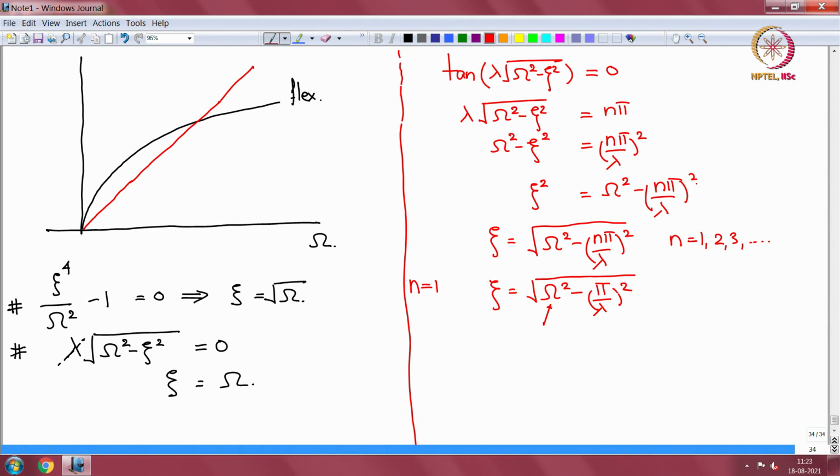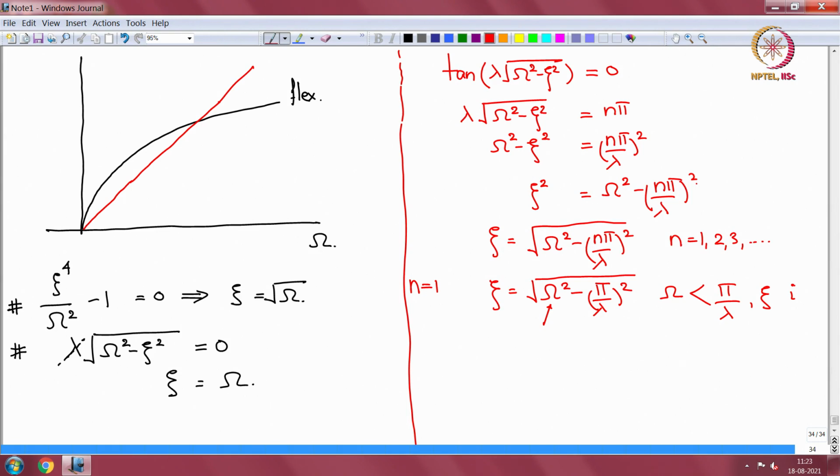Okay. So, if omega is less than pi by lambda, then xi is imaginary. We have seen that if you have something imaginary, it amounts to a decaying wave.